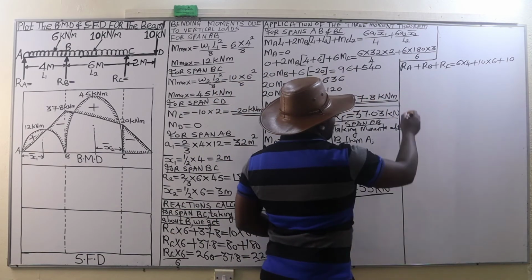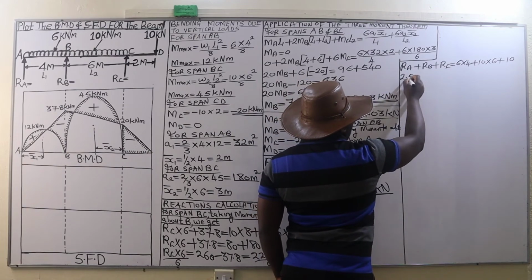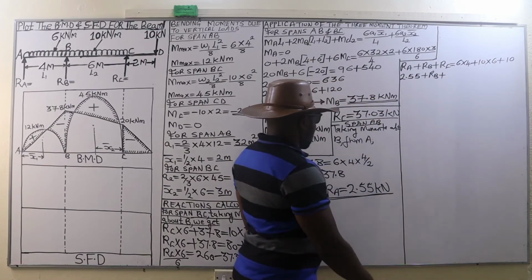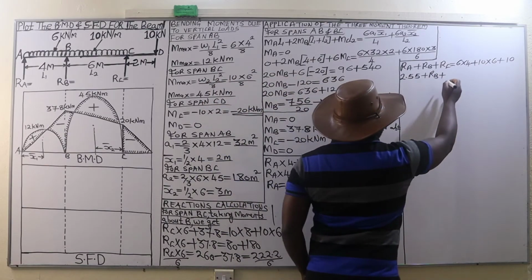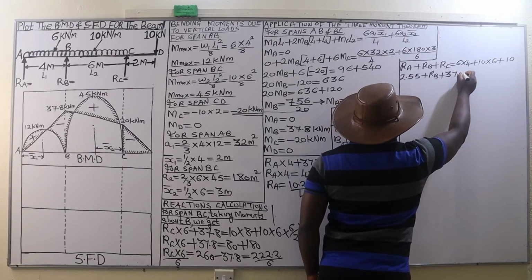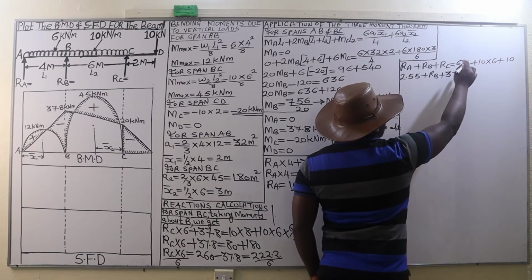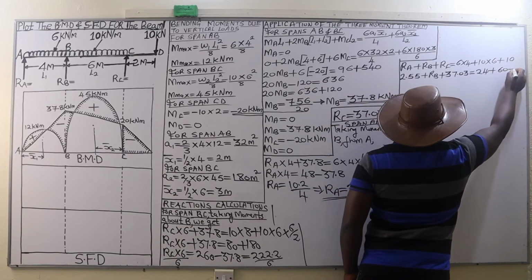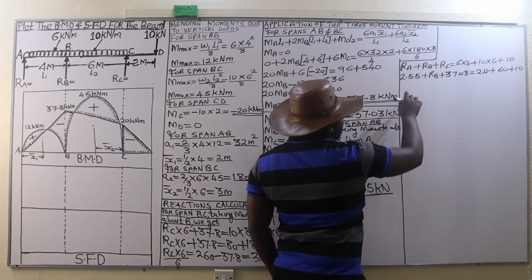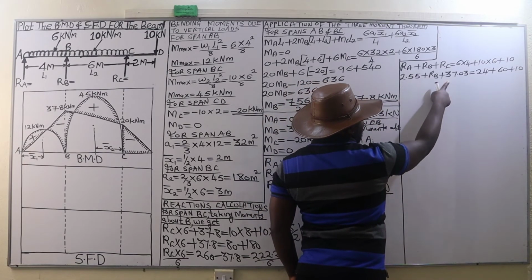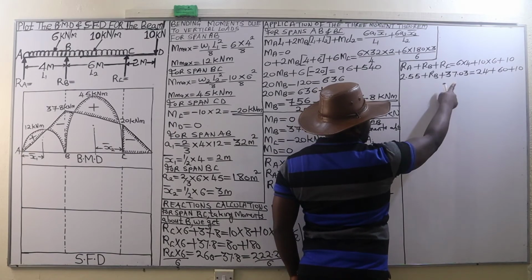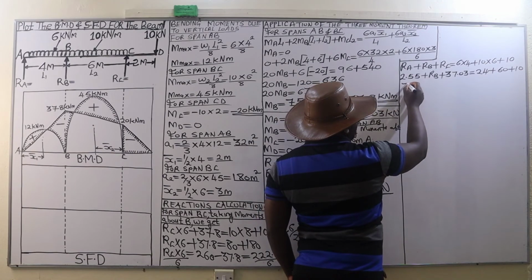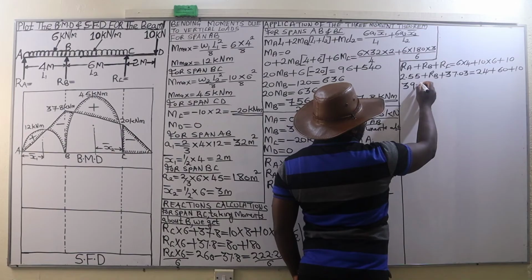Now, the reaction at A is 2.55 kilonewtons. Reaction at B, we don't know. Reaction at C is 37.03. Being equal to 6 times 4, that is 24. 10 times 6, that is 60, plus 10. This is going to give us the following: 2.55 plus 37.03, that is 39.58.